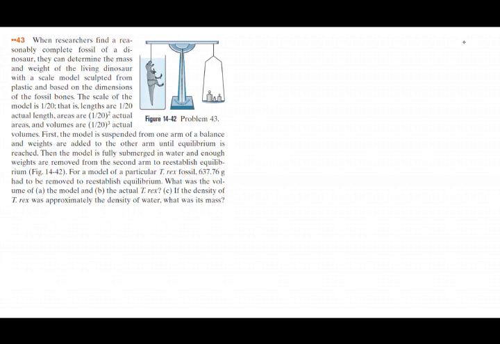So you already know the actual weight, but if you put that object into the water, your measured weight is different from the actual weight by the buoyant force, right? So the first step is to find the difference in weight between the actual one and the one in the water.